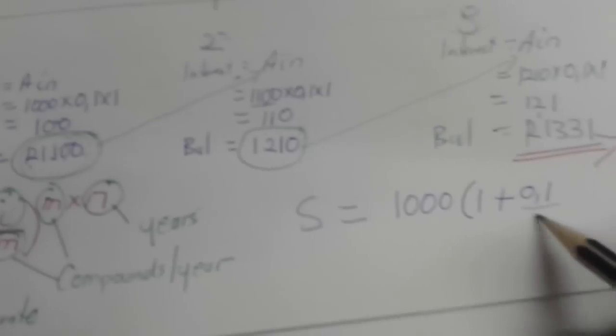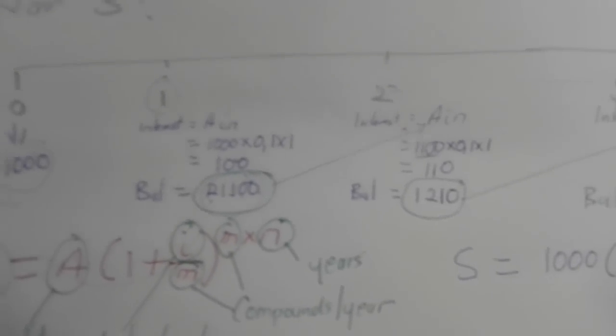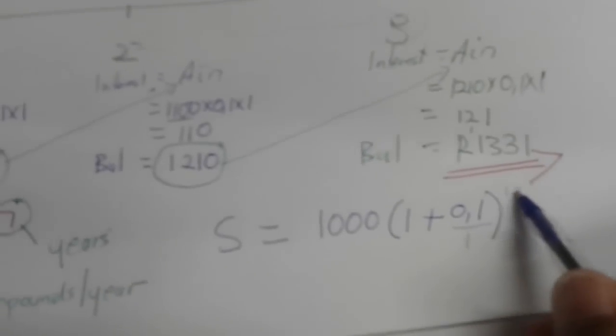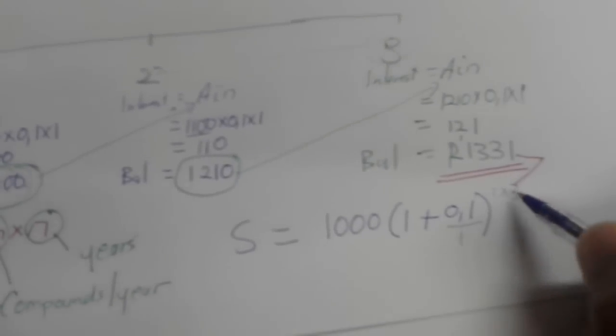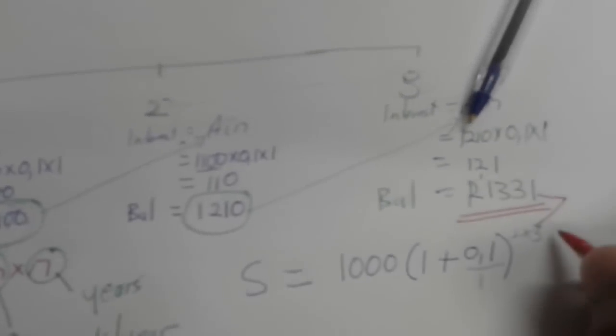You close the bracket to the power of m times n. If m is 1, this will be 1 times 3 years, so there's no need to do all that. You can simply write your answer as to the power of 3.